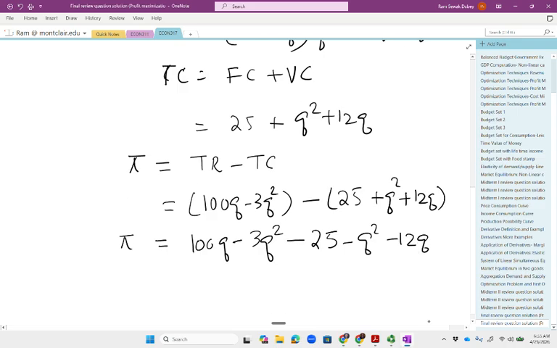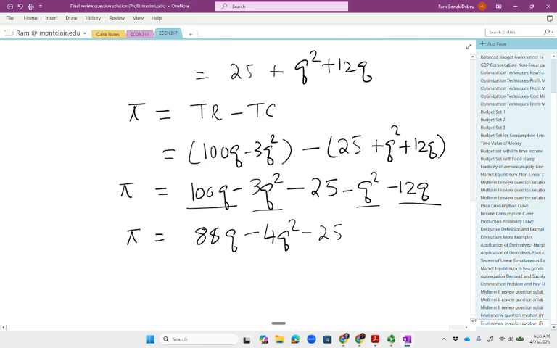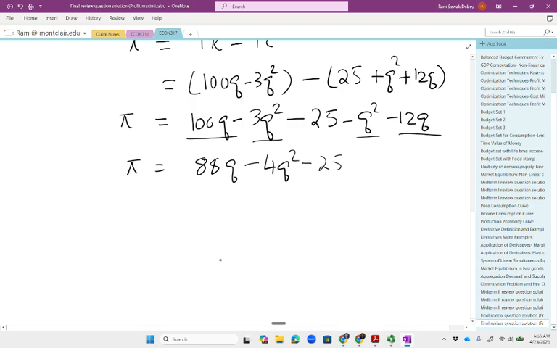We can see it is possible to collect terms. I have 100Q here and 12Q here; the difference is 88Q. I have negative 3Q square here, minus Q square here, so it becomes negative 4Q square, and then I have negative 25 by itself. That's the expression for profit when the firm produces output Q and sells output Q.